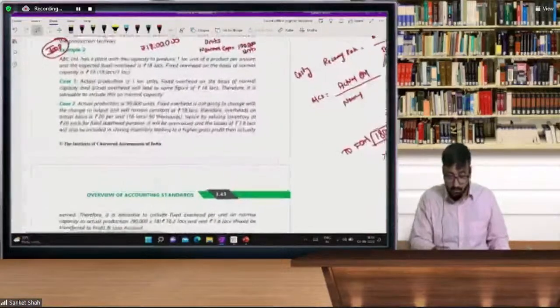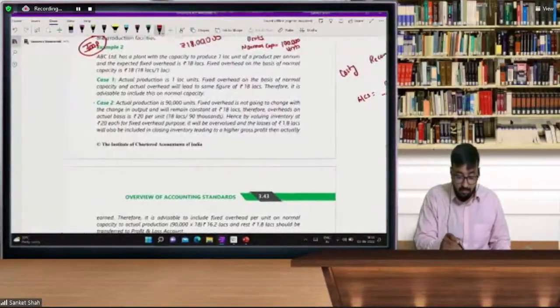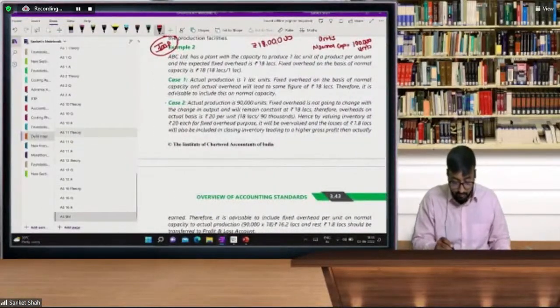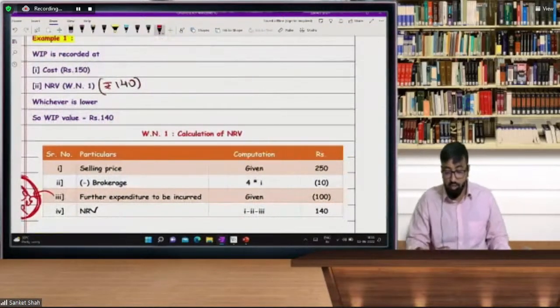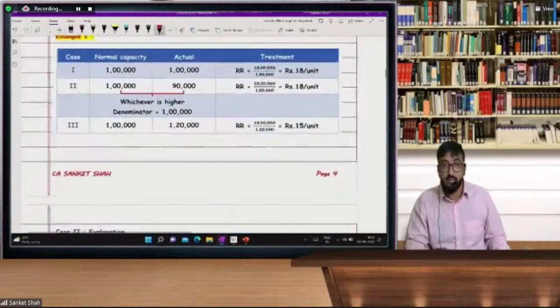Friends, how to present the answer in exam? So what is the principle? Please, can you answer it? What is the principle of fixed overhead calculation? Tell me the answer.